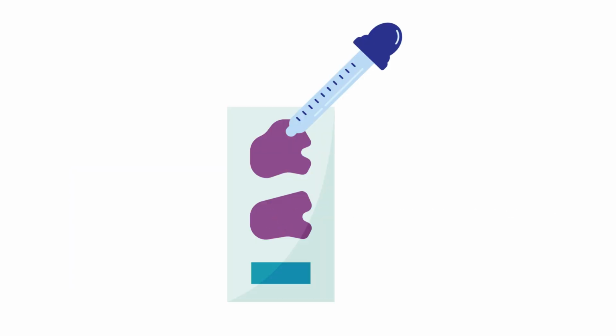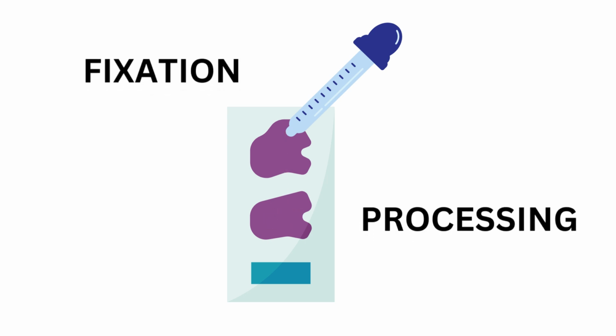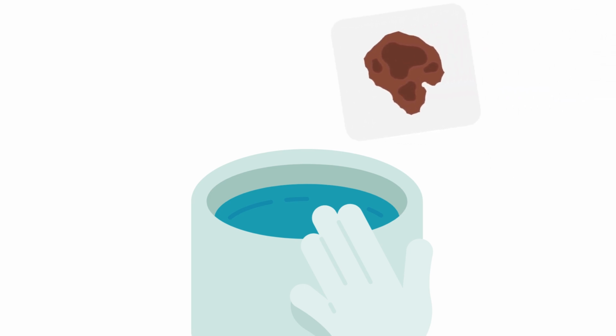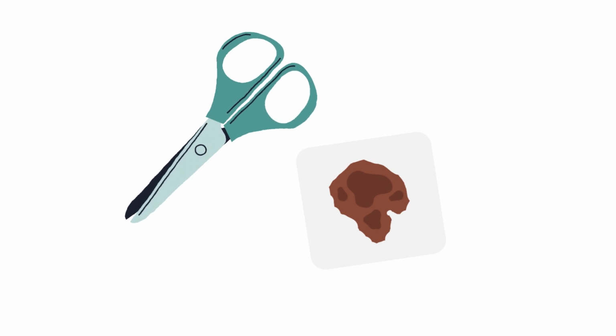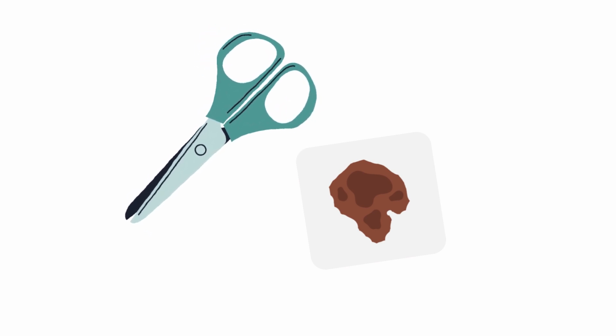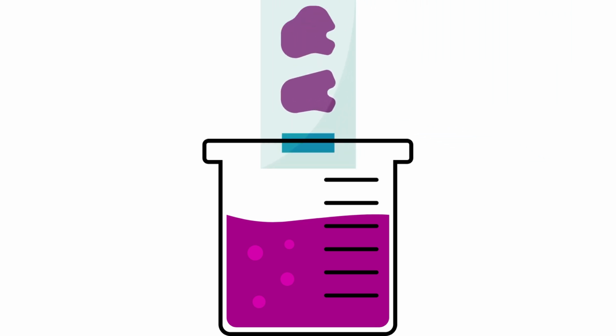The tissue is then subjected to chemicals to preserve the tissue for microscopic examination through fixation and processing. This processed tissue is embedded in paraffin wax and then can be cut into ultra-thin sections onto a glass slide that is then stained for pathological examination.